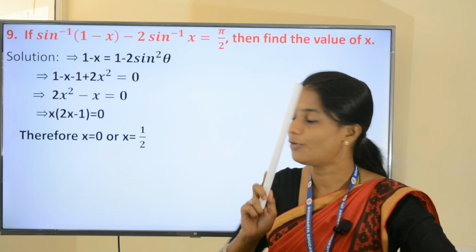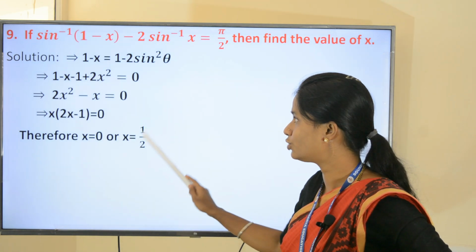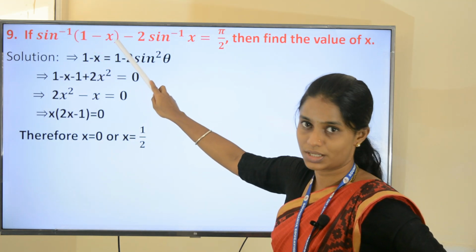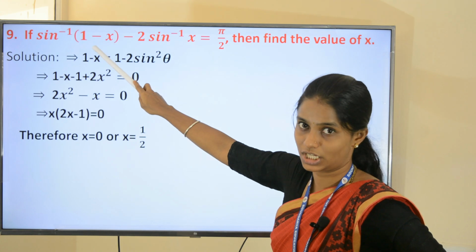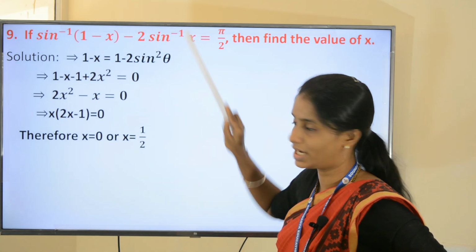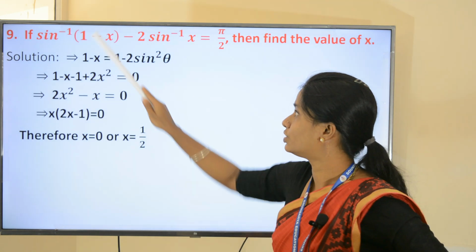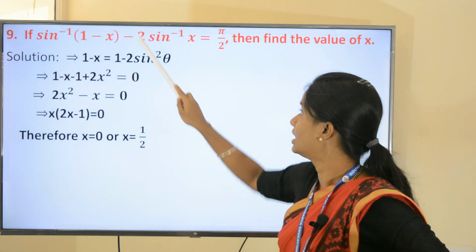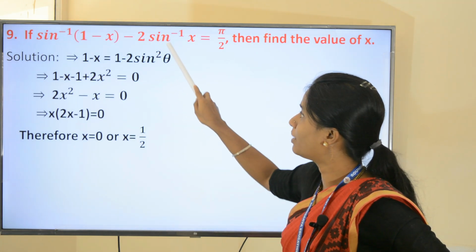Now we are going to verify with x is equal to 1 by 2. Then sine inverse of 1 minus 1 by 2, remaining is sine inverse 1 by 2 minus 2 sine inverse 1 by 2. Okay. So sine inverse 1 by 2 can be written as pi by 6 minus 2 into pi by 6.